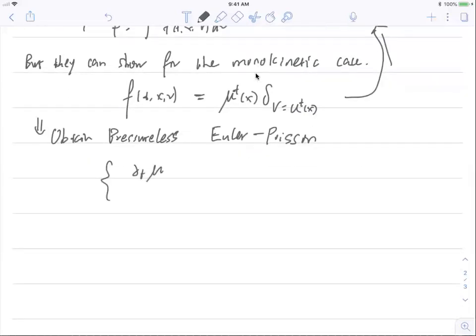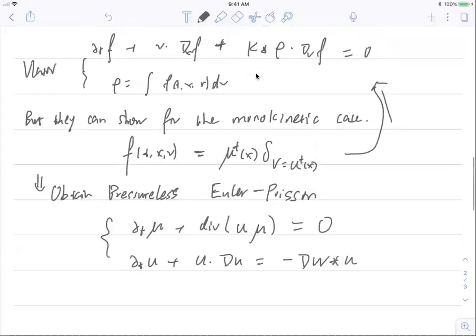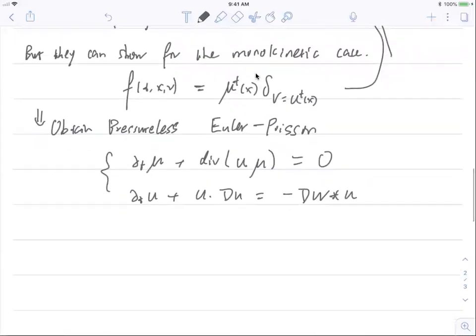First, the spatial density satisfies the continuity equation. U is the velocity field, and mu is the spatial density. It's a continuity equation. And second, the velocity field u solves the following equation. So this is what they can do, but I will give you the details later.